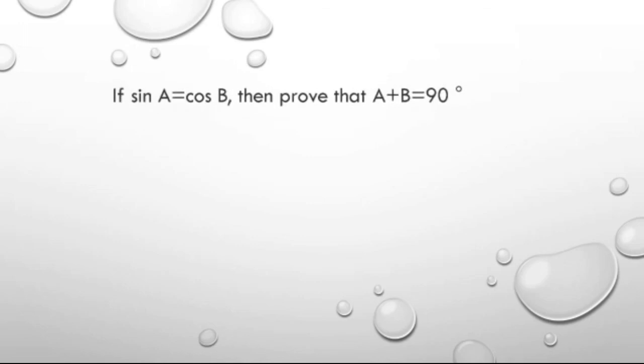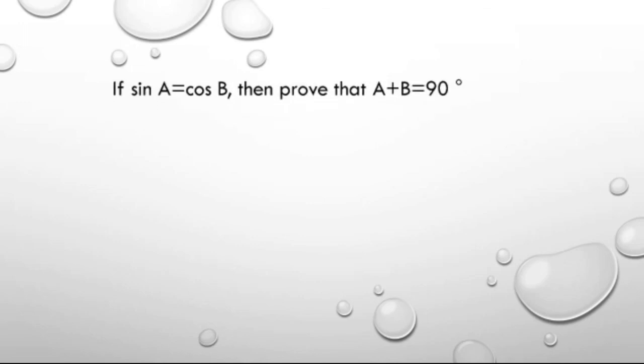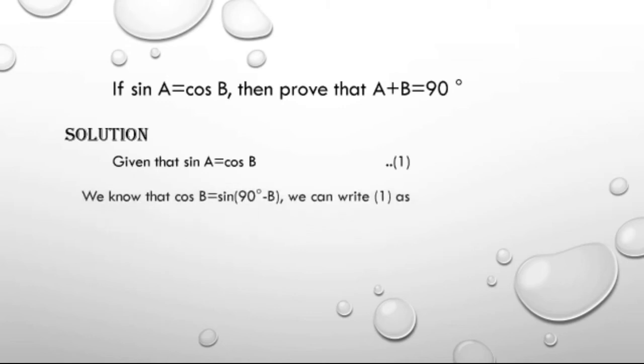If sin A is equal to cos B, then prove that A + B equal to 90°. Solution. Given that sin A equal to cos B, this is the first equation. But we know that cos B equal to sin(90° − B).